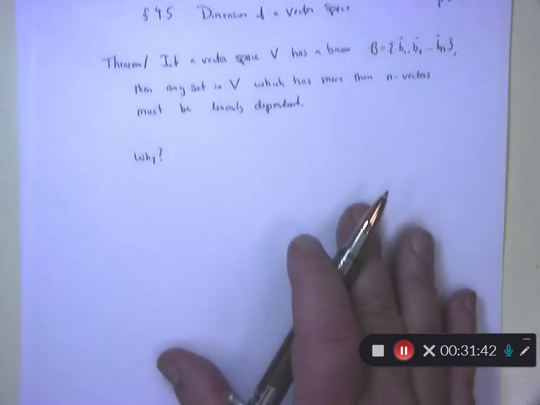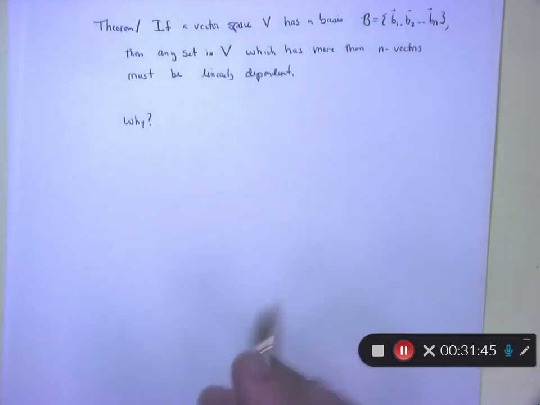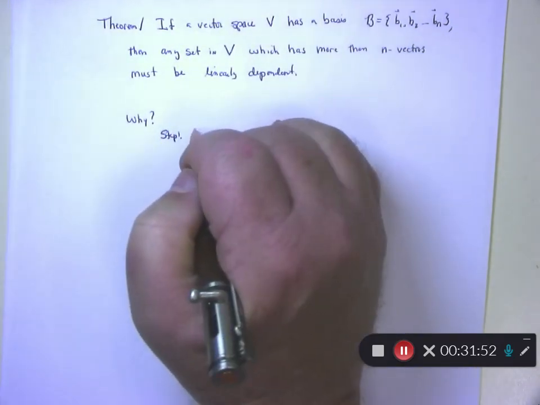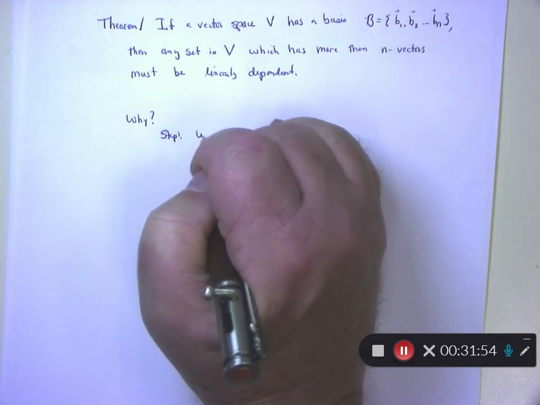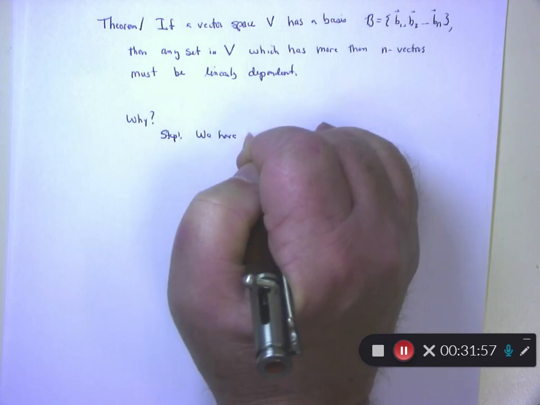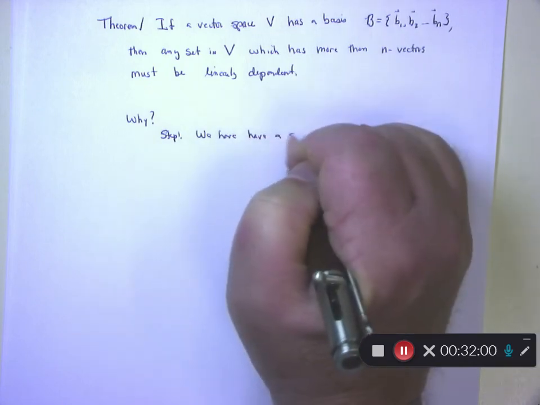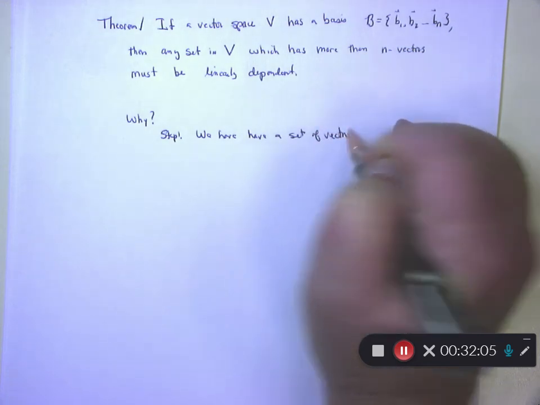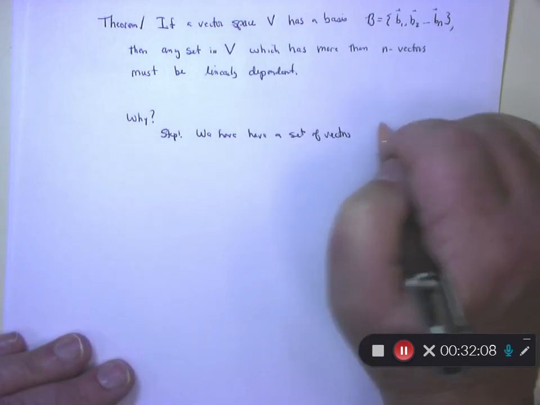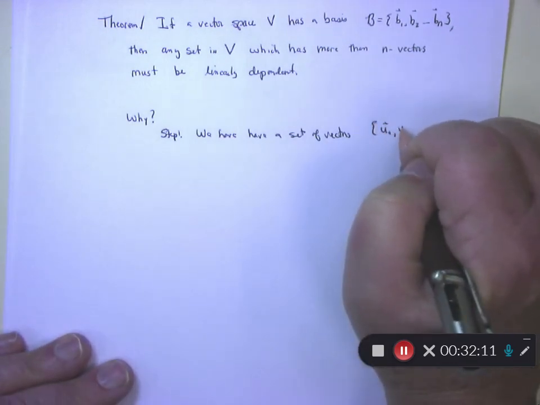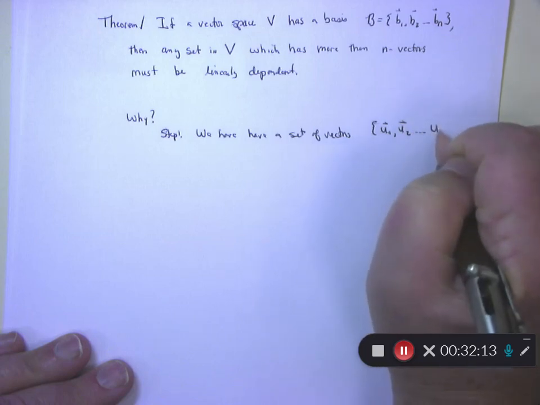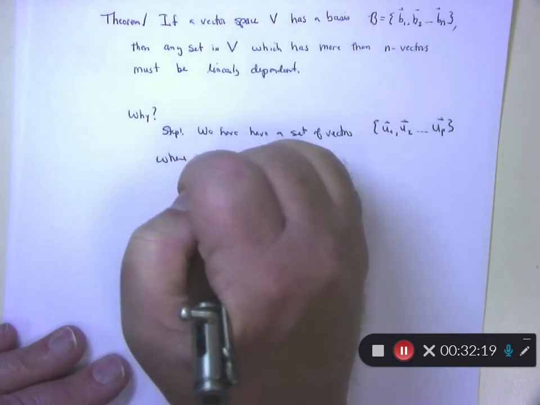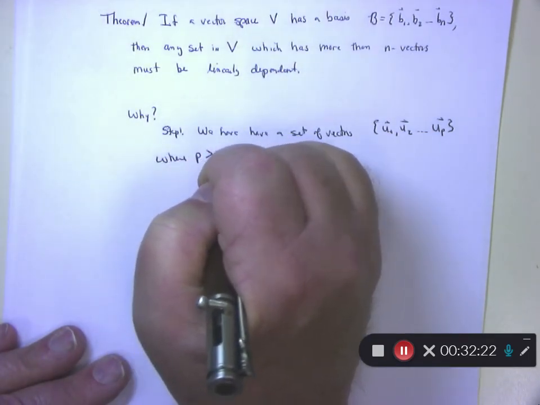So, this is kind of a generalized proof, if you will. So let's start with what I call step number 1. Let's set ourselves up. Okay, let's say we have a set of vectors. We'll call them U1, U2, out to Up, where p is bigger than n.